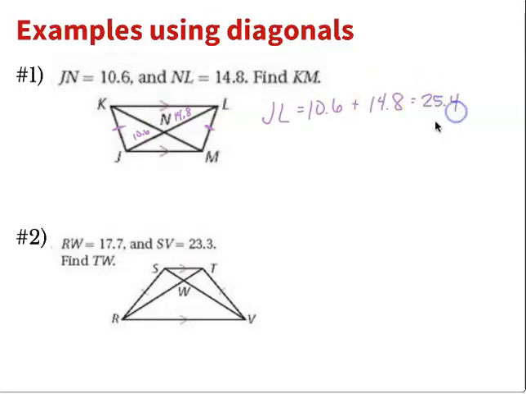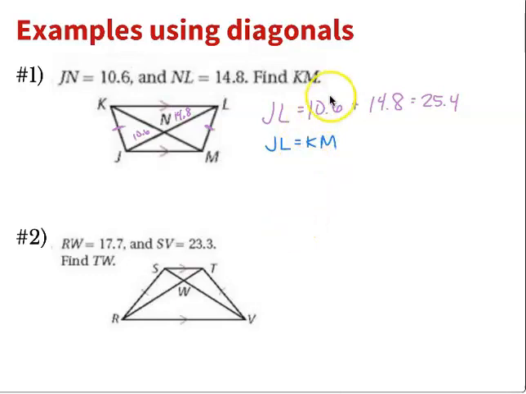25.4. So now we're asked to find the length from K to N, the length of the other diagonal. Since we know this is an isosceles trapezoid, we know something about our diagonals that we just learned: JL has to be equal to KM.